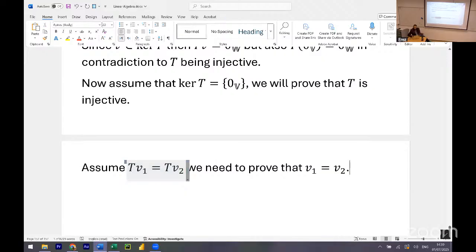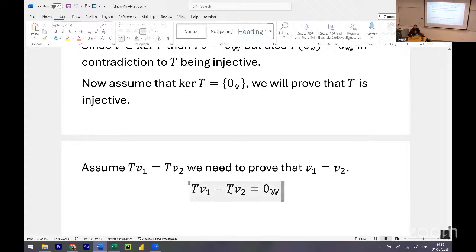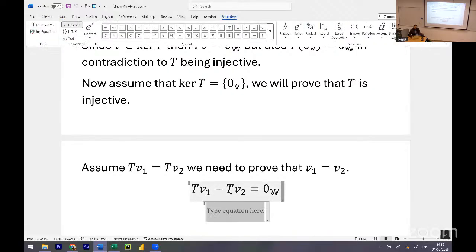I'll help you do the first step. So T of v1 minus T of v2 equals 0, right? But what is T of v1 minus T of v2? T of v1 minus v2. Exactly, that goes to 0. That's due to the linearity.